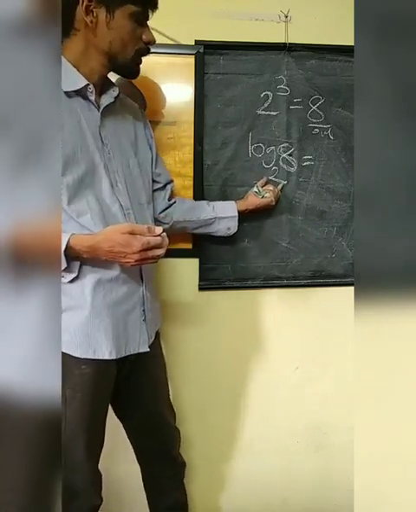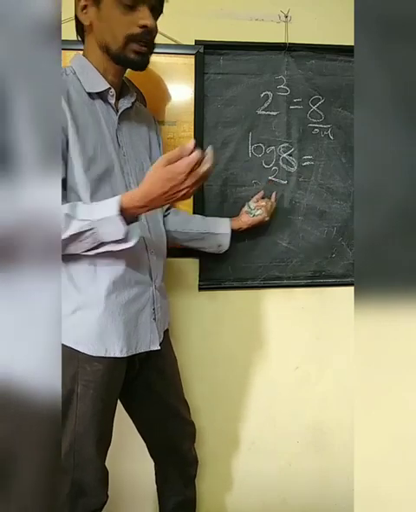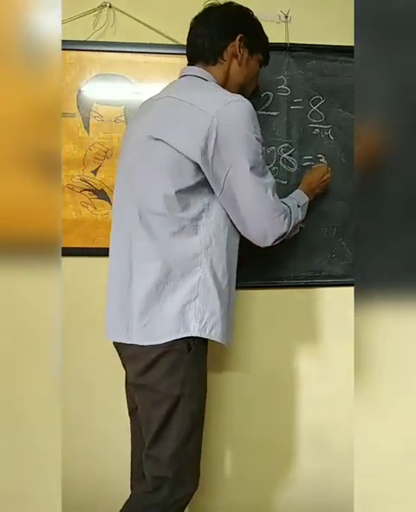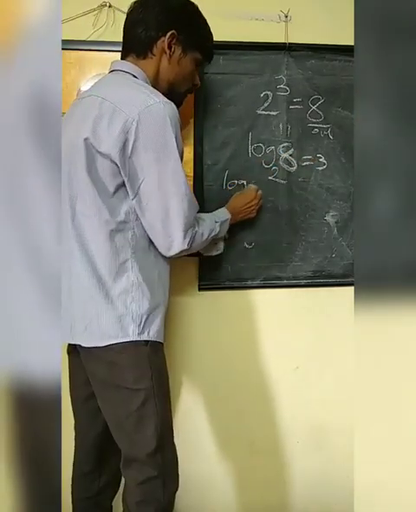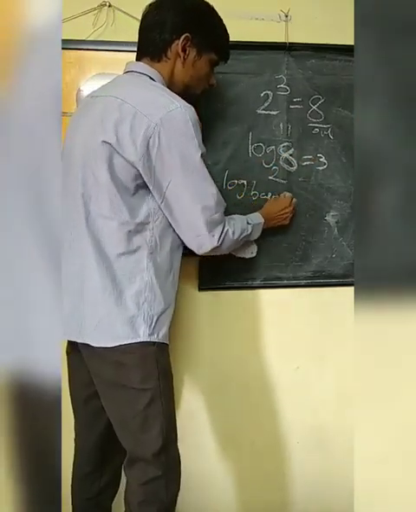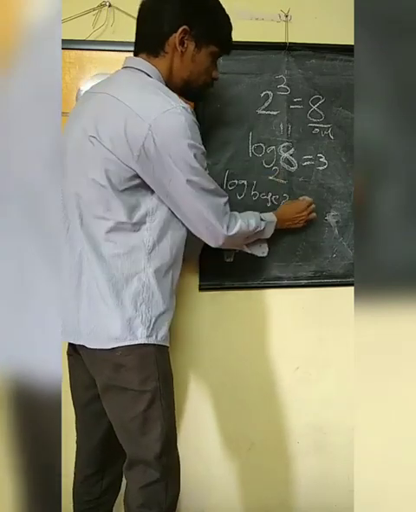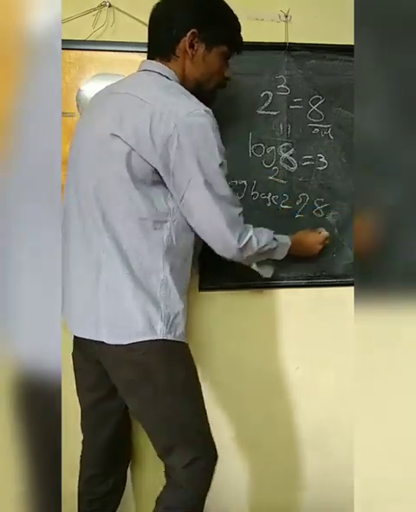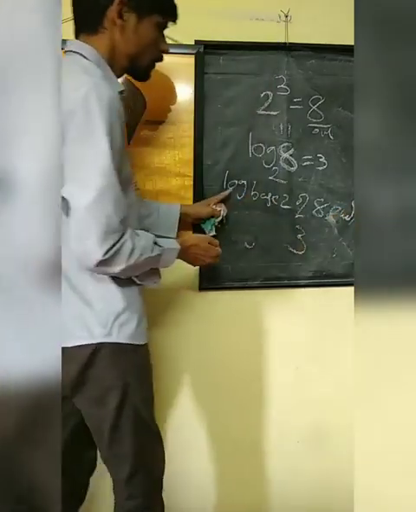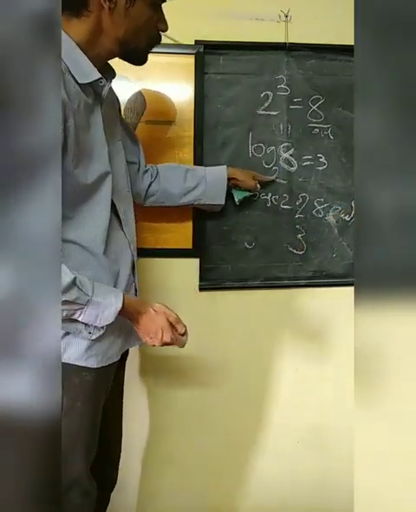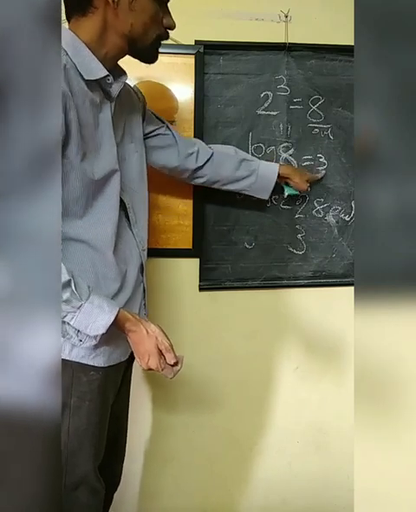I need to grow myself 3 times, so that I will get 8 as output. Log base 2 of 8 equals 3.